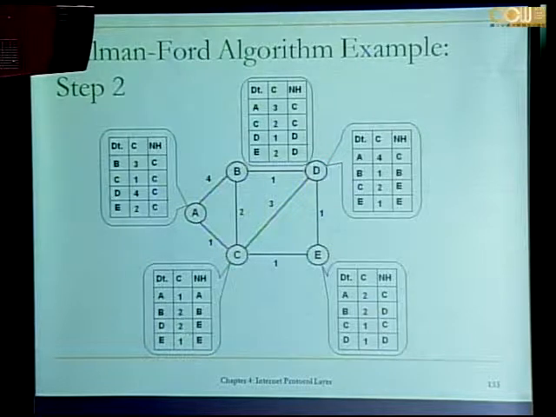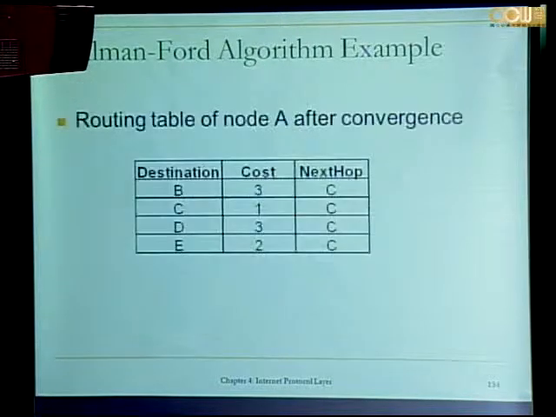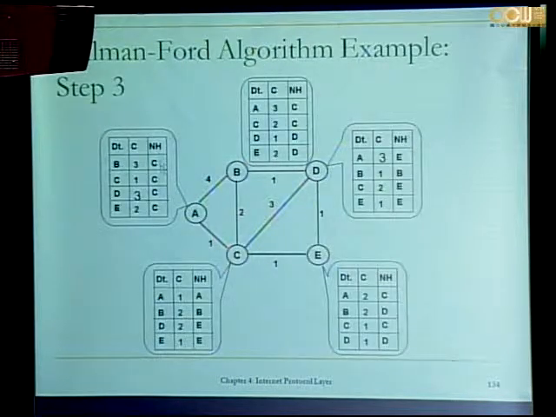That information is propagated to me. So in the next iteration, I would change my mind. I would change to a cost of 3, but it's still through C.